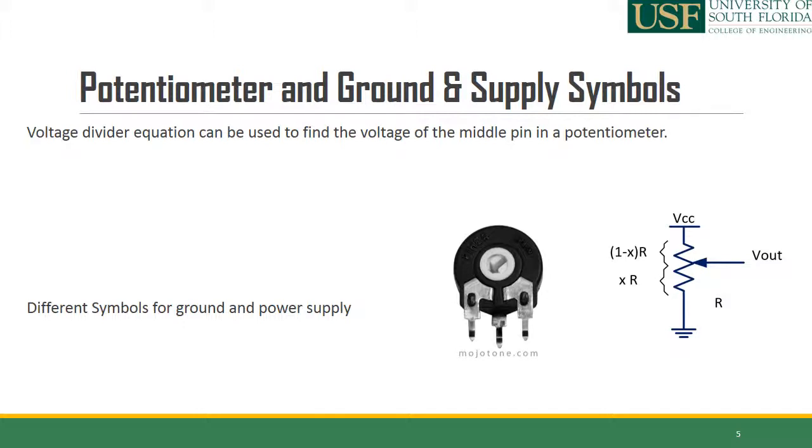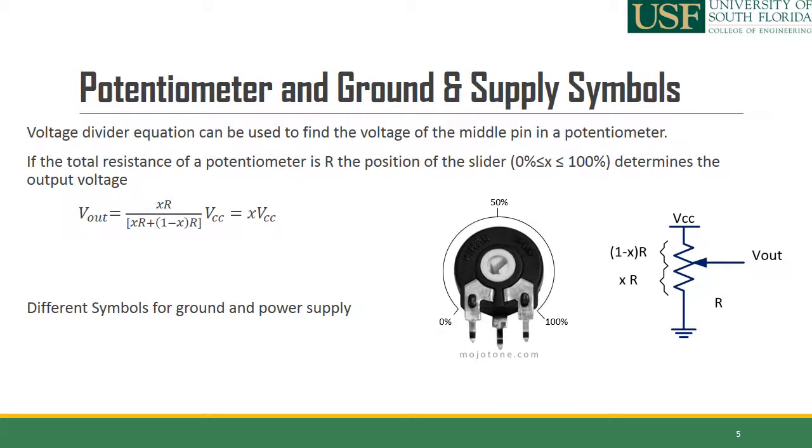So when the position of the slider is at the extreme one end, we can assume that it is almost 0% factor for the X in the resistance. So the resistance between the ground and the middle pin would be 0 if X is 0.